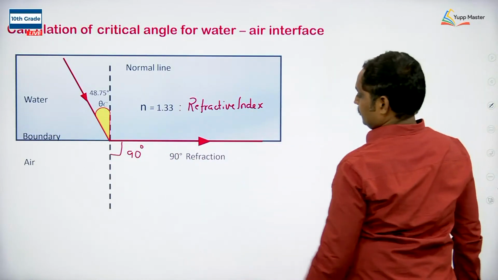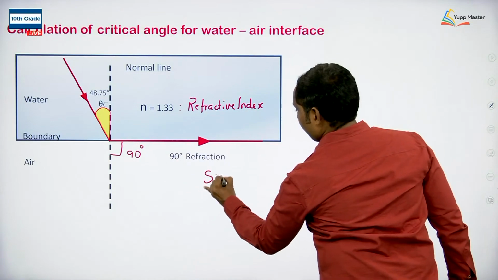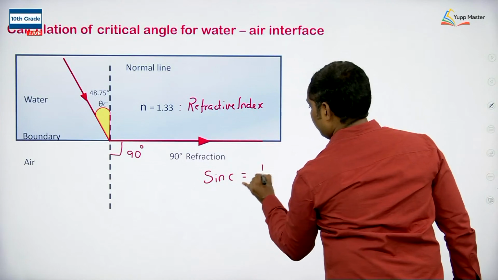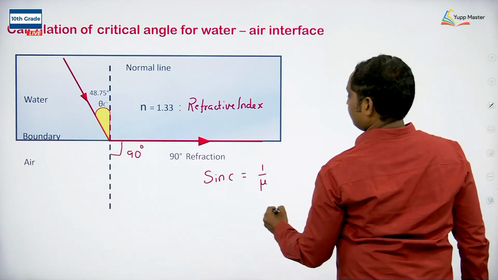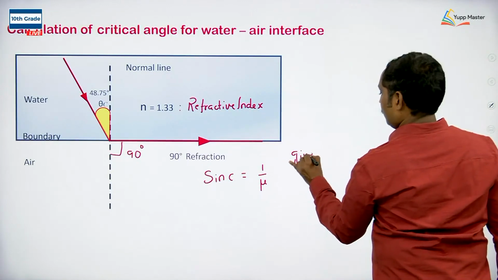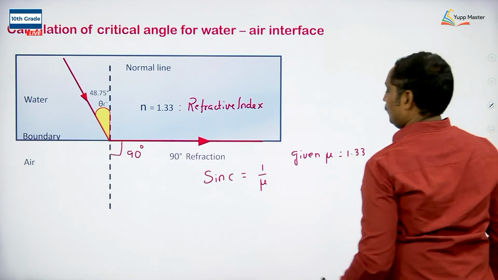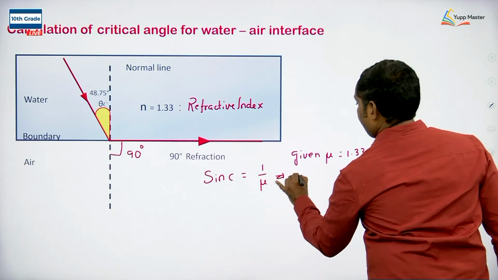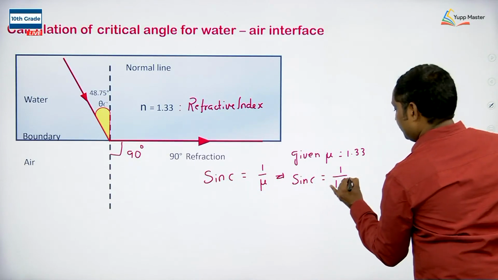So, you need to get sin C is equal to 1 by mu. Given mu is equal to 1.33, let us solve. Therefore, sin C is equal to 1 by 1.33.